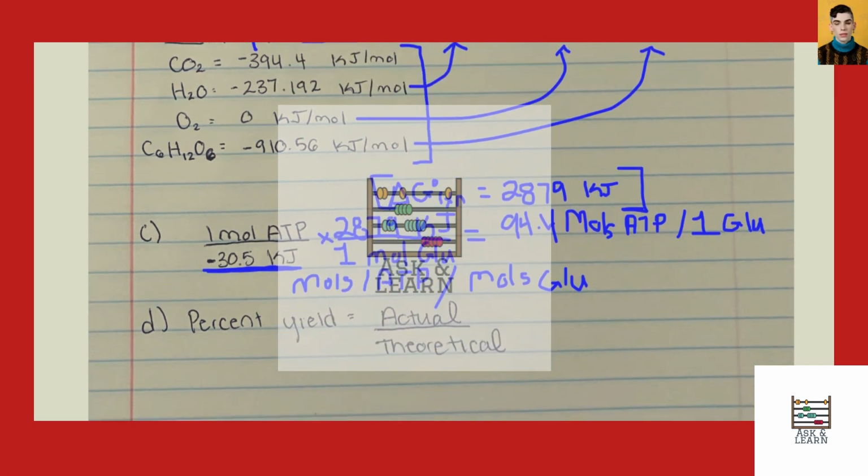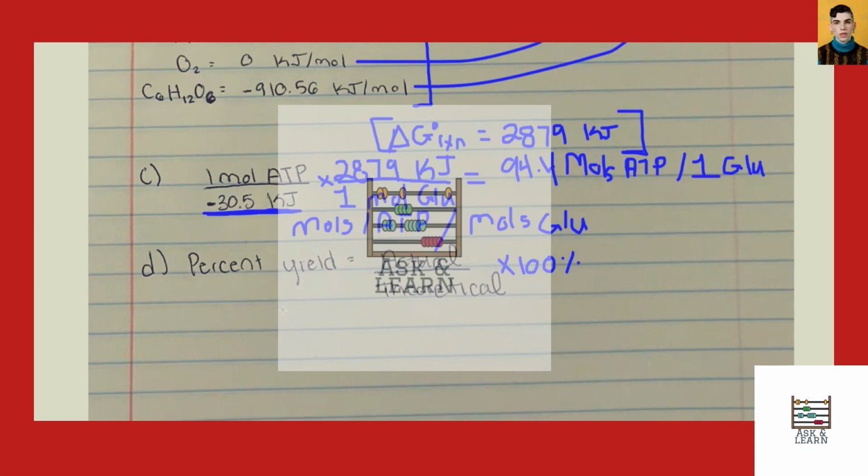All right, so D, the percent yield, again, this is super easy. So we're going to use our formula here, actual over theoretical times 100%. So the actual is what we actually get in real life. So they give this to us. They say that it is 36 moles.